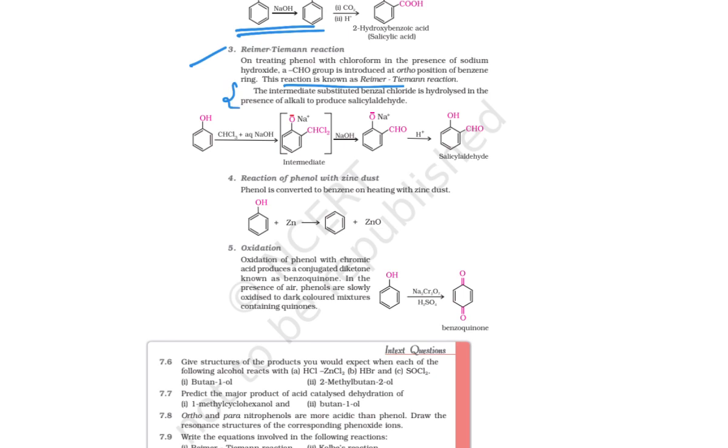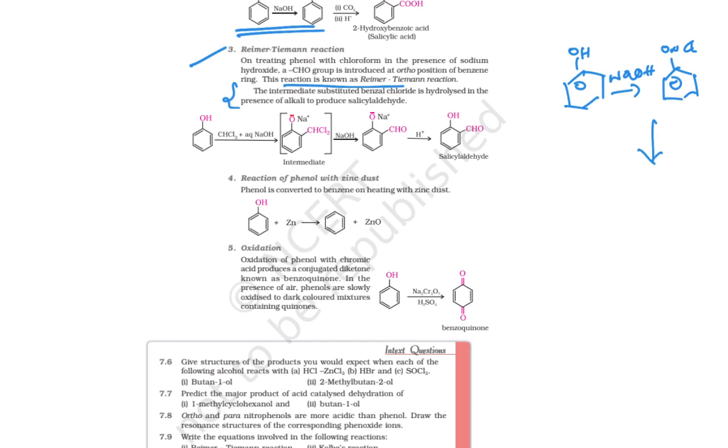The intermediate substituted benzal chloride is hydrolyzed in presence of alkali to produce salicylaldehyde. So look here, first there is a formation of the phenoxide. When phenol reacts with NaOH, it is going to form the sodium phenoxide.